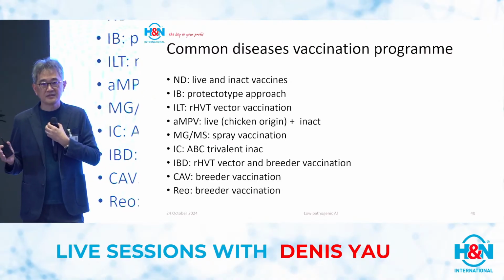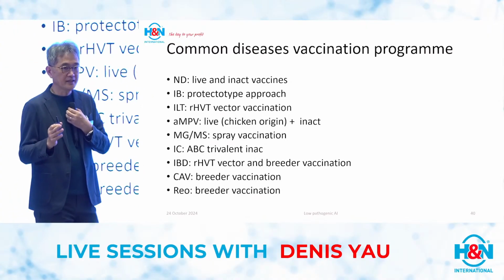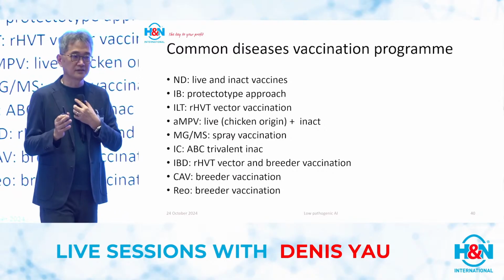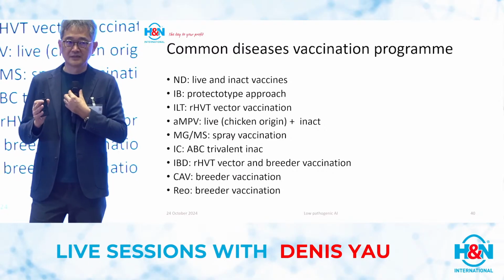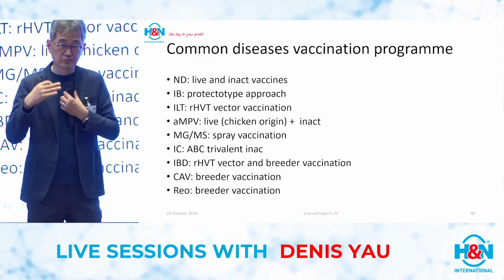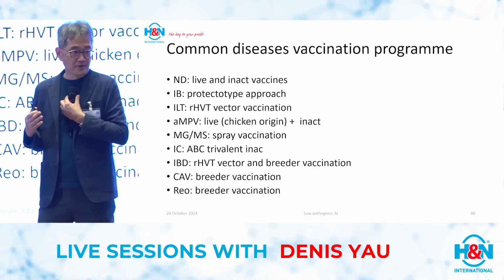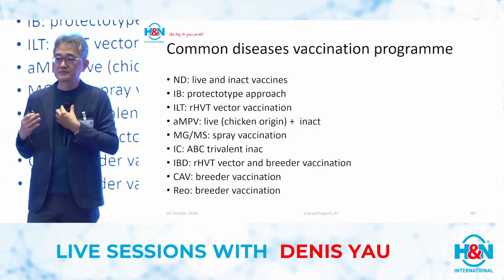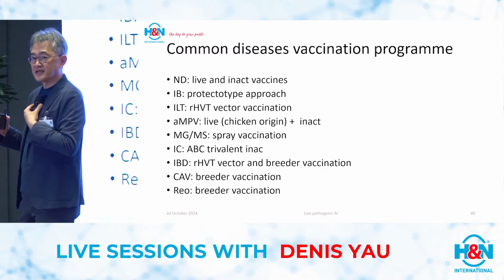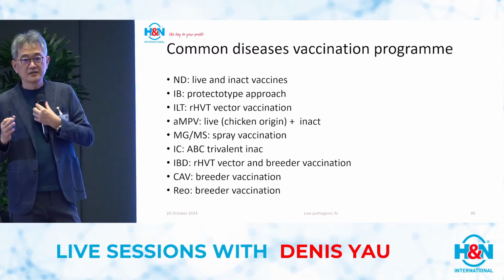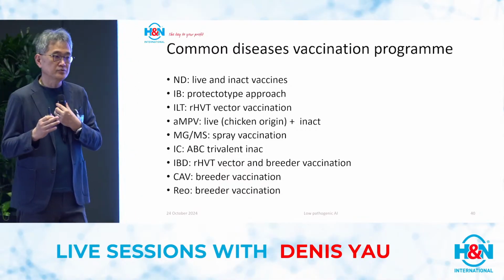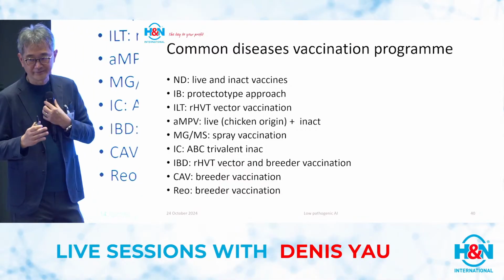And then IBD, we know that in layer farms, most of the time, maybe back to 20-something years, they had IBD problems. And now you hardly hear them saying IBD, because they use a very hot strain.